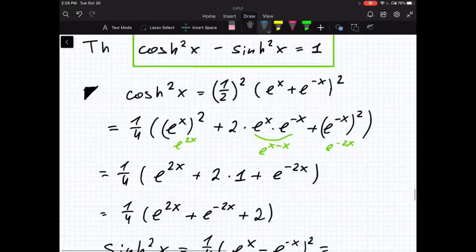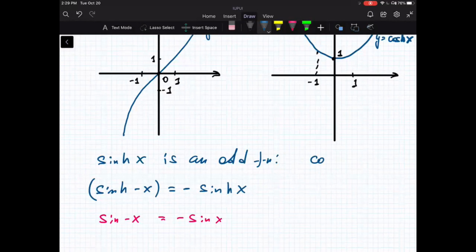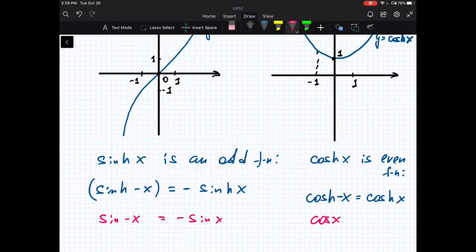So that means that hyperbolic cosine of x is an even function. That means that hyperbolic cosine of minus x is the same as hyperbolic cosine of x, which is also similar to the usual cosine.